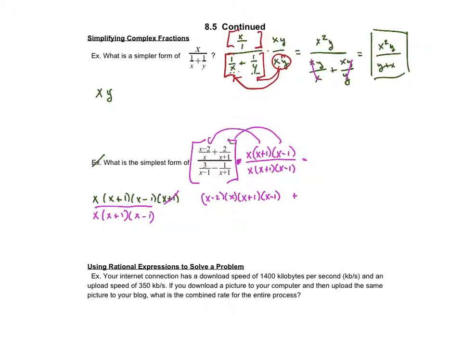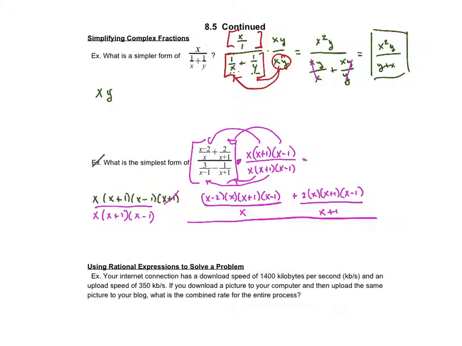And again, distributing here, I would have 2 times x plus 1, x minus 1. Now, there are faster ways to do this. I'm just being thorough and trying to show you each one of the steps. And then, of course, doing the same thing with my numerator.